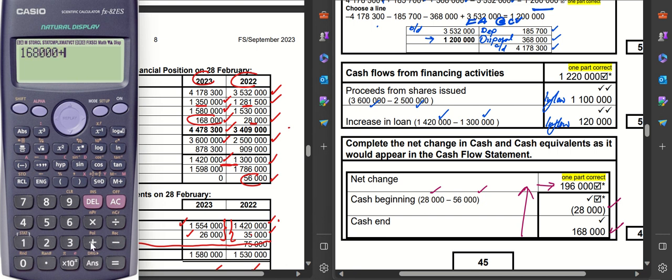Then we're going to add the 28,000. That is going to give us 196,000. And you can see on my calculator, it is not negative. It is a positive 196. Please, guys, watch out for this.